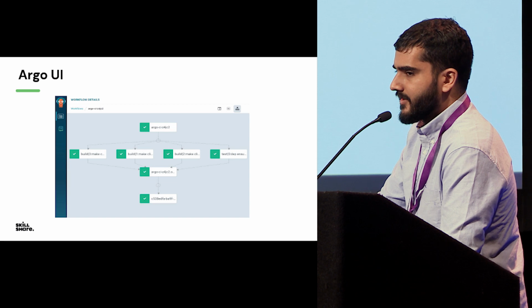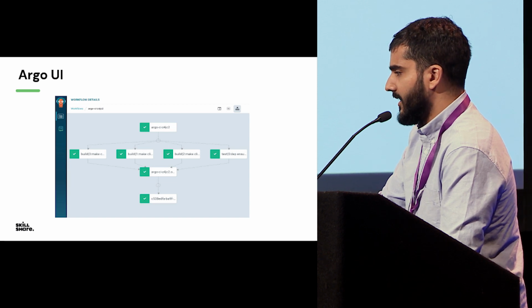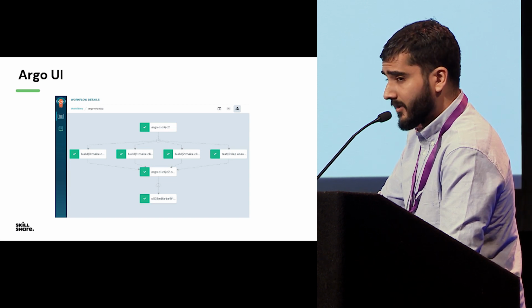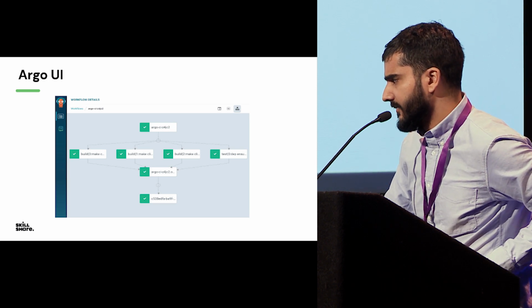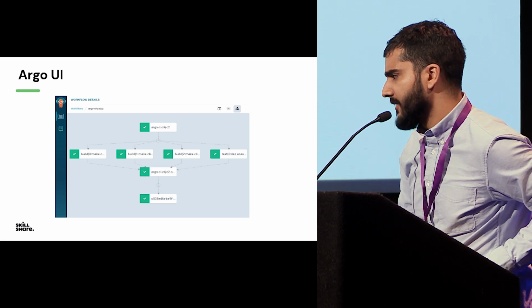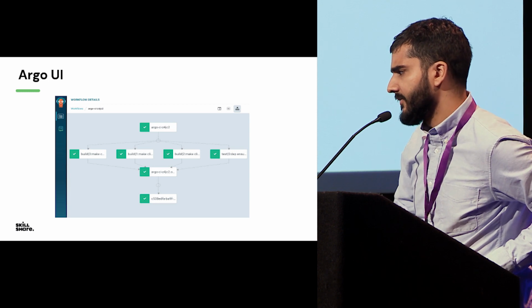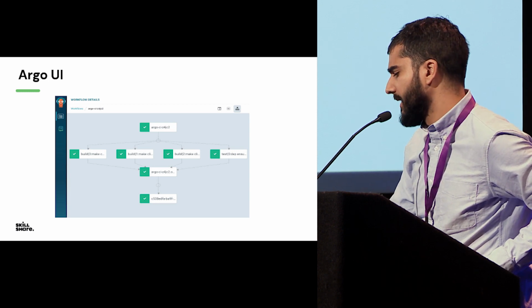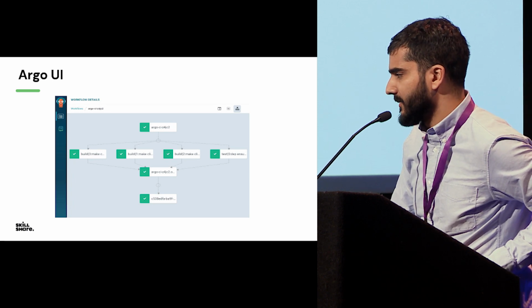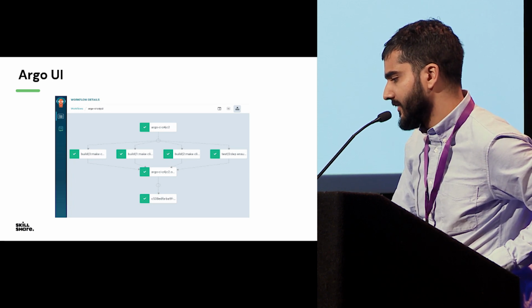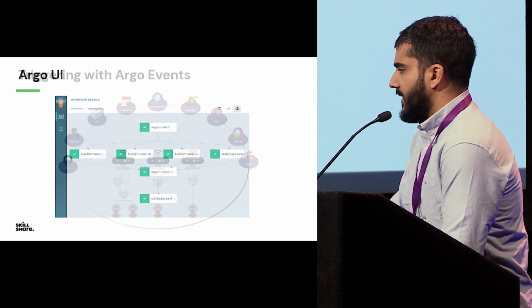We find it easier to just use the CLI tool, but the Argo project is working on the UI. They're definitely planning on adding features like kicking off workflows. Right now, I don't think you can even kick off a workflow from the UI. So if you do want something with the UI, I don't think this is the right project for you yet. Maybe in the future.